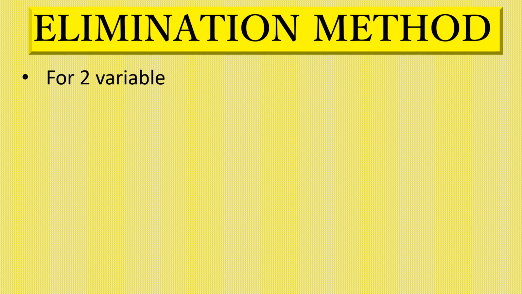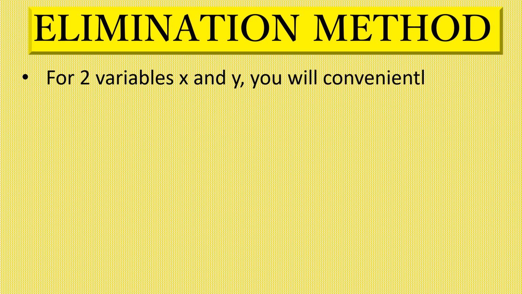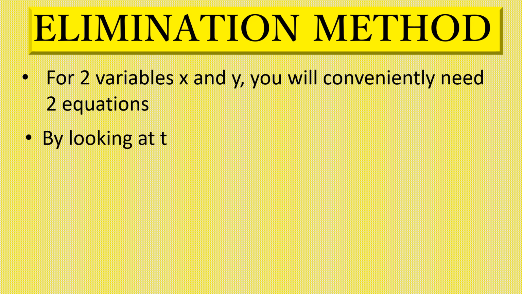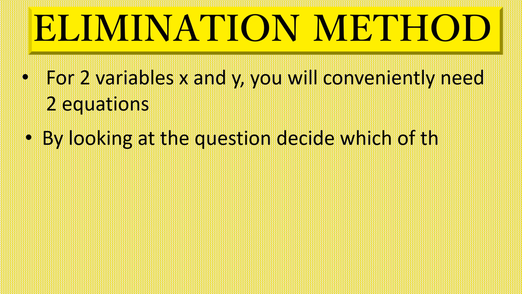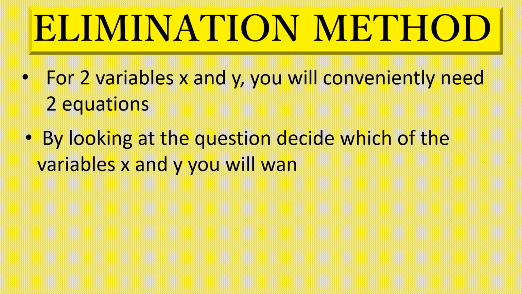Generally, when you have simultaneous equations, if you have two variables, x and y, you conveniently need two equations. If we introduce an additional variable, say z, and you need to solve for x, y, and z, you will conveniently need three equations.